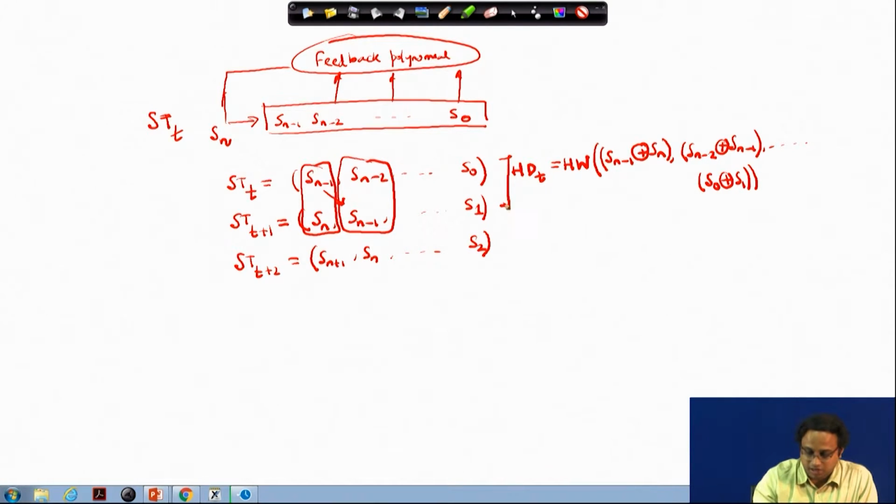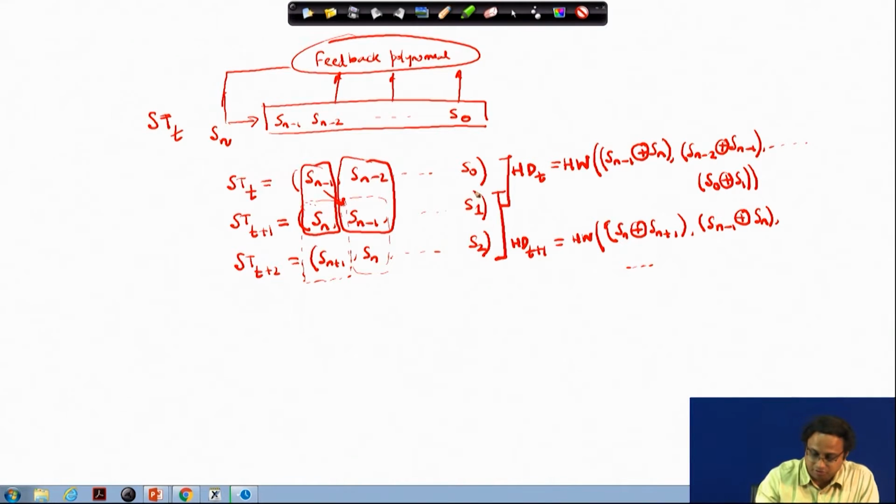Likewise, if I want to calculate HDT plus 1, it is the Hamming weight of the XORs of the next two states. So I will have Sn XORed with Sn plus 1, and then Sn minus 1 XORed with Sn, and like this I will be XORing the remaining pairs.